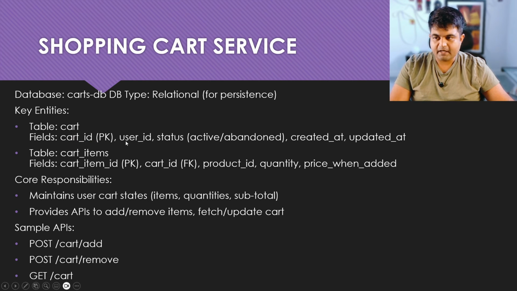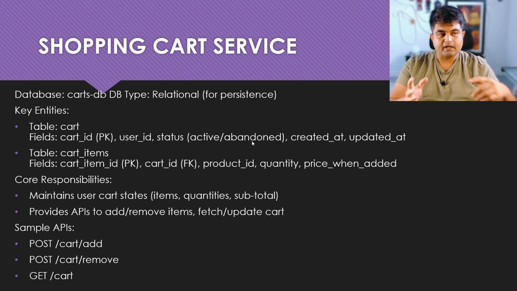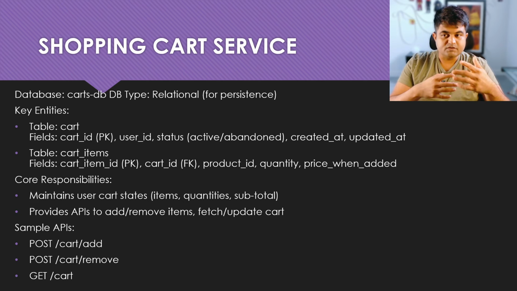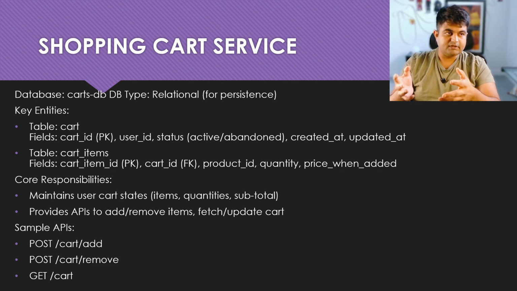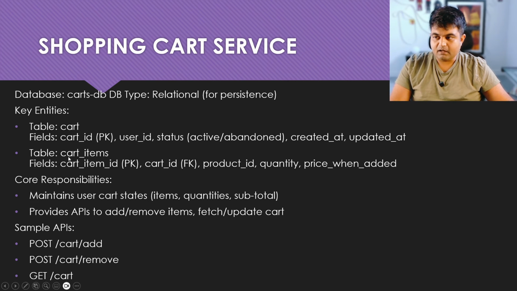We will have our cart ID and then user ID, because the user would have created that shopping cart, and then the status of that shopping cart. If it is active, it means the user is actively looking for some stuff and it has been created relatively fresh. If it's abandoned, maybe it got created a few hours or a few days ago, and no one is looking at it. So there are those features.